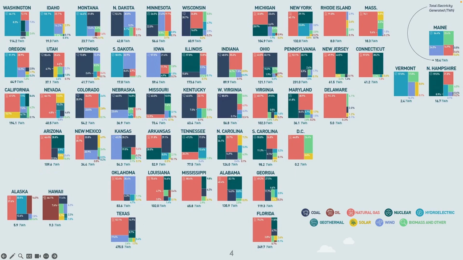Notably, I don't think we've talked about this, but Hawaii, their biggest component is from oil. They basically ship in big tankers, like big barges, that drop off oil that they then burn to produce electricity.